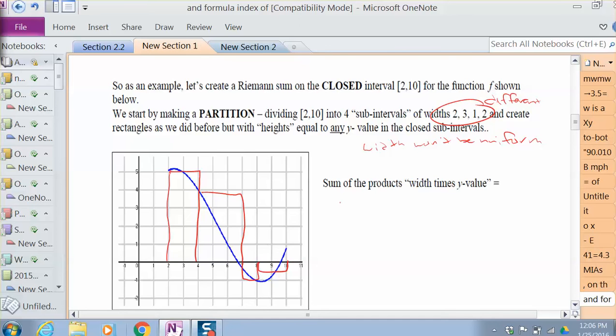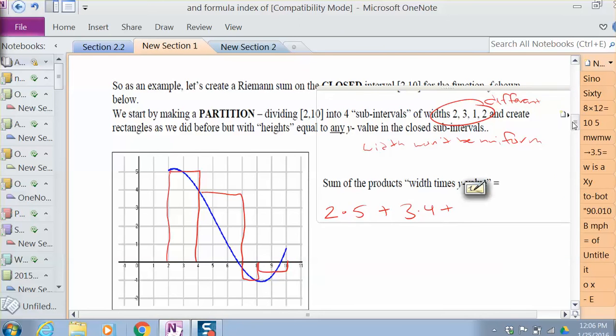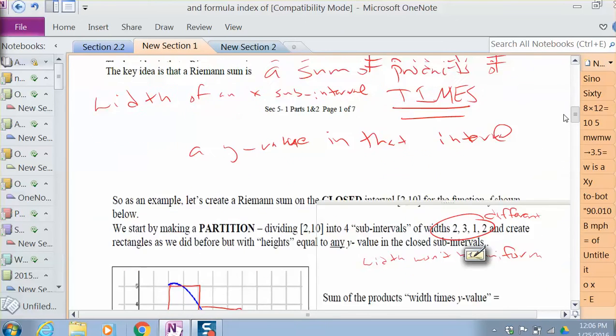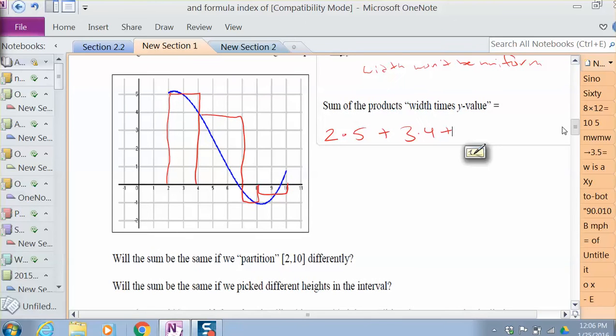So obviously my first width was 2, and it seems that my height, I made it 5. Next one I made my width 3, because we're told that. I made my height 4. And again, you don't have to do LRAM or RRAM, it's totally random. You can just pick any y value in that interval. So that's what's meant by a y value in that interval, and of course width of an x subinterval.